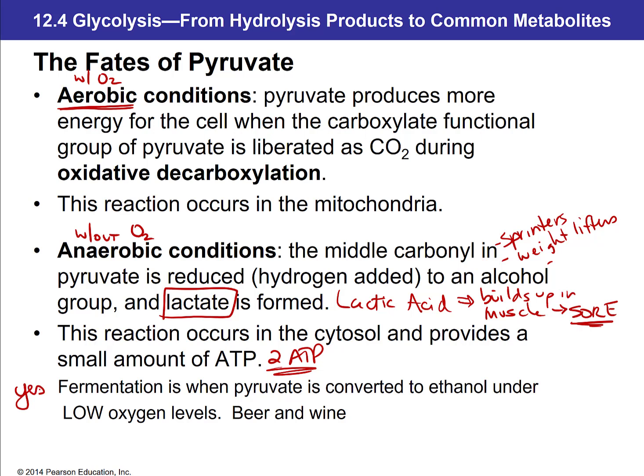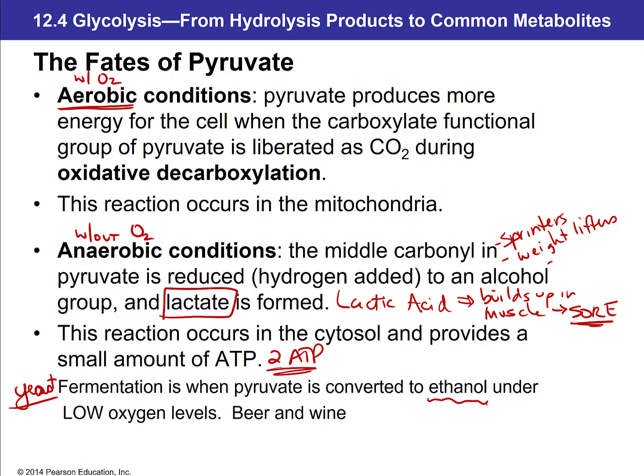Yeast have actually evolved so that they do this all the time. They like to live under low oxygen conditions because they can generate ethanol. They do a process very similar to glycolysis, but at the end, they don't stop at just breaking their glucose in half.